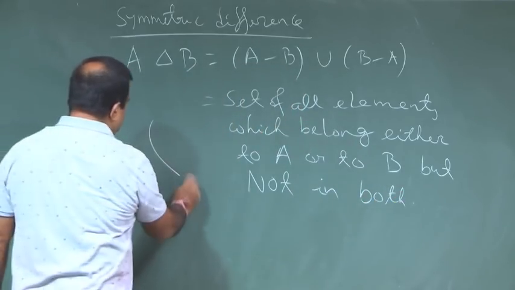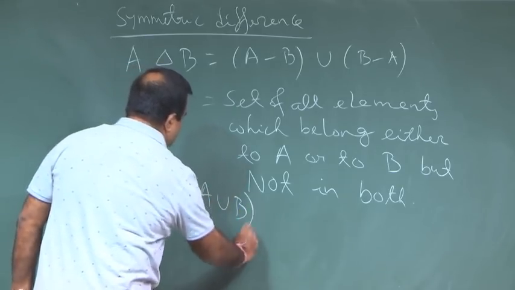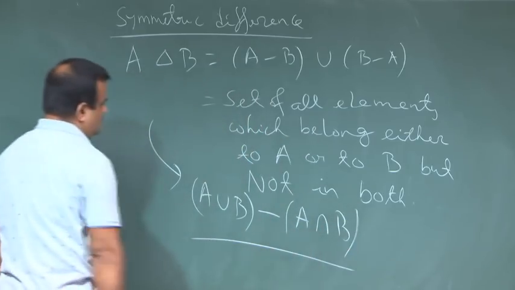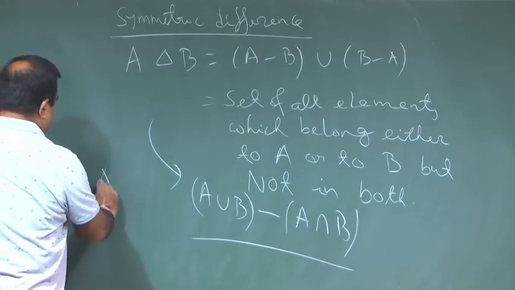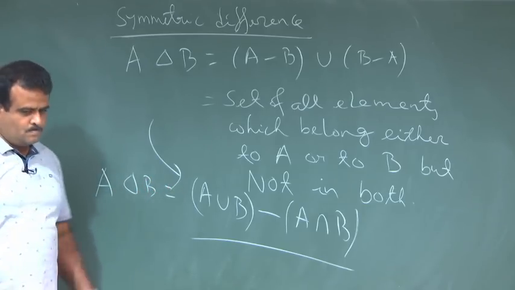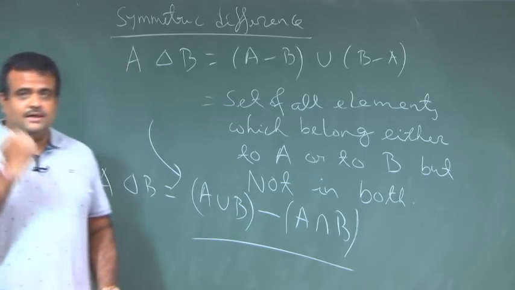Okay, so, this is also equal to A union B minus A intersection B. So, this is the way we define this.